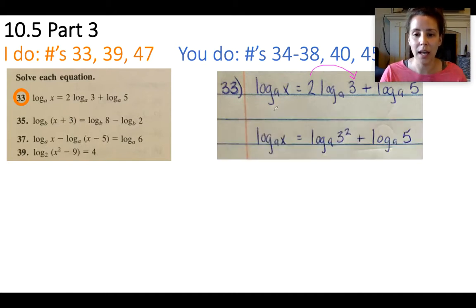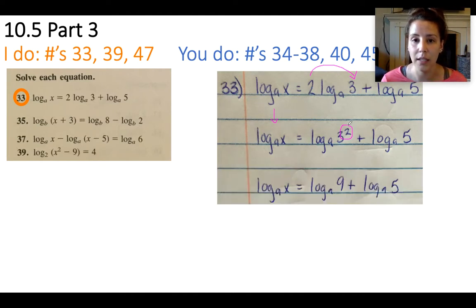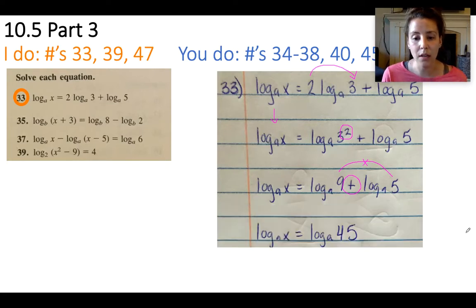So I still have log base a of x, and the only thing that's changed is instead of having the 2 out here, we now have the 2 as an exponent. So we're going to keep going and simplify. We know 3 to the second power is 9. And when there's addition between logs, remember that actually means that we multiply those 2 together. So we're going to end up with log base a of x is equal to log base a of 45.